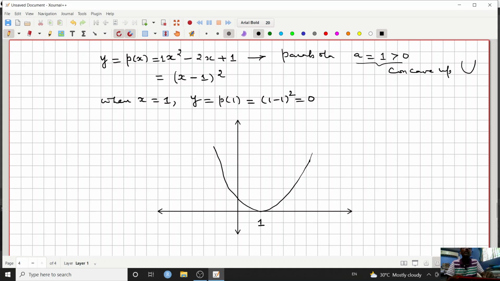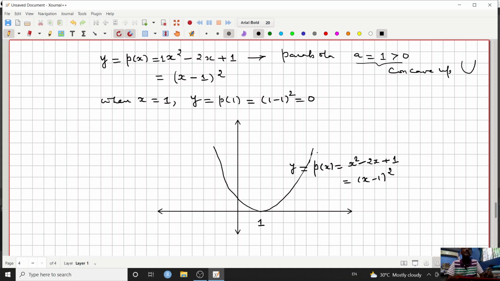This is the parabola corresponding to the quadratic equation x square minus 2x plus 1, or x minus 1 whole square. So this is the parabola y is equal to p of x.